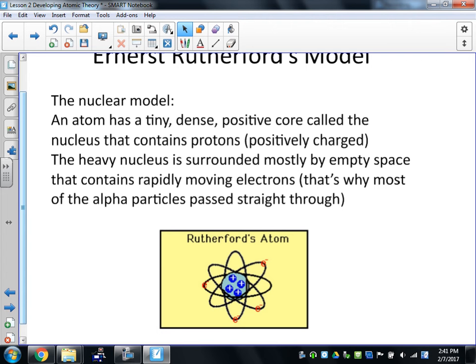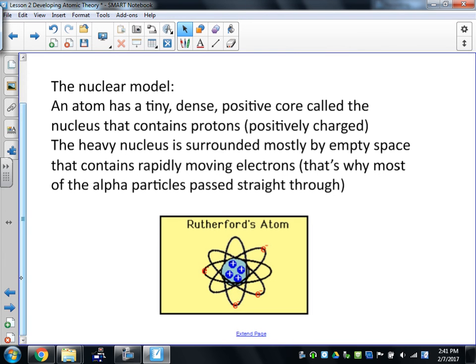Once again, you can draw that for the diagram, guys. Positive nucleus, and then electrons going around the outside. You don't have to draw all the rings like that, but basically just draw some electrons around the outside. That's what his theory was, that's what his model looks like. Is that good? Yes? Okay.